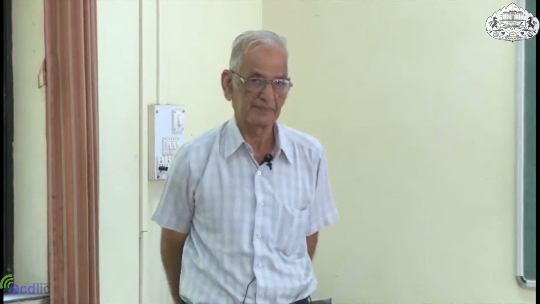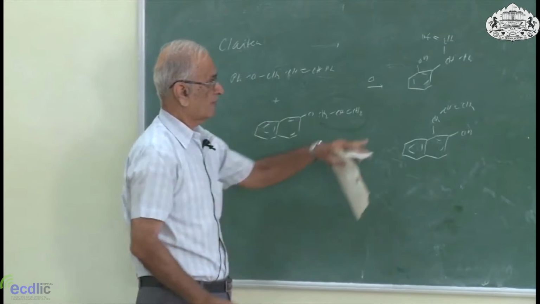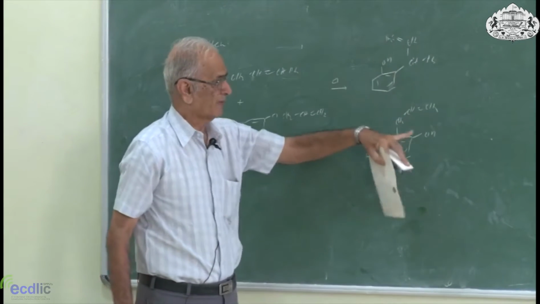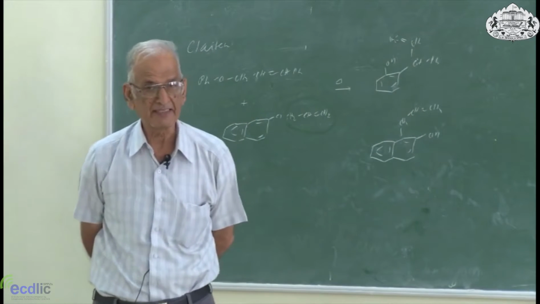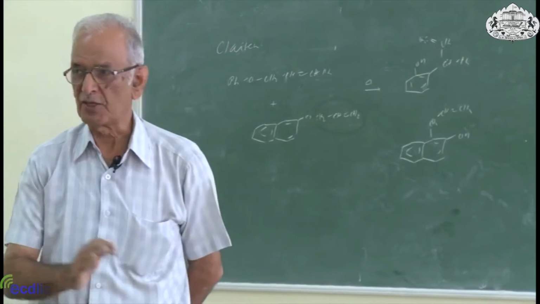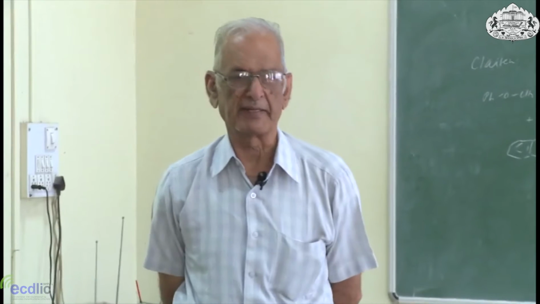There is no crossover product. This group does not become joined to phenol and that group does not get joined to the naphthalene. Therefore, the reaction is intramolecular. It is not intermolecular.